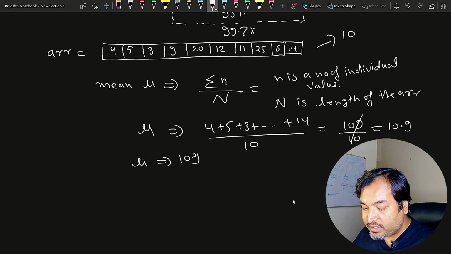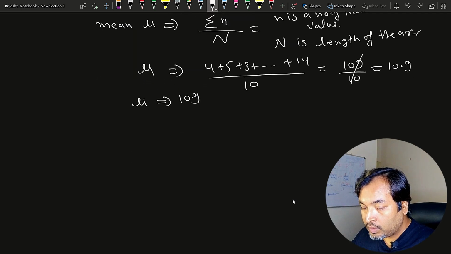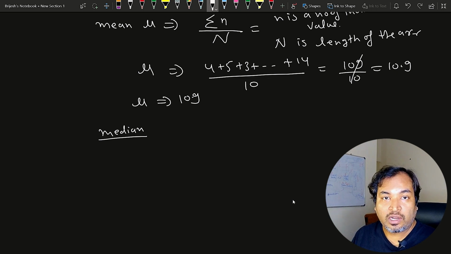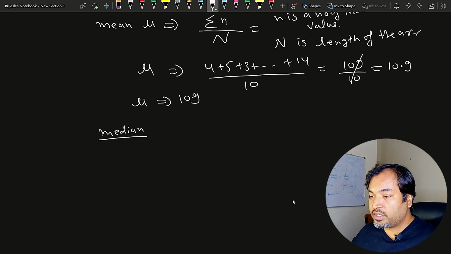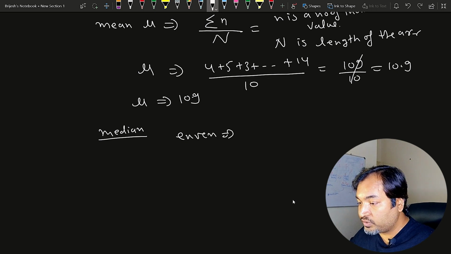Now, what would be the median? In order to understand the median, first we have to identify whether the length is even or odd. In this case we have an even number of elements.